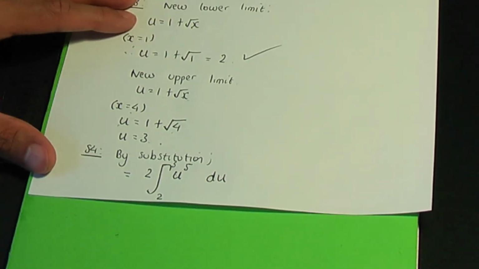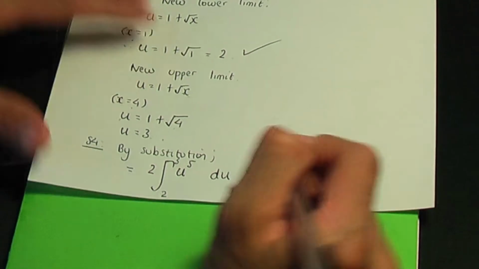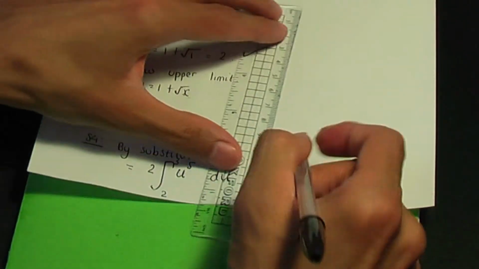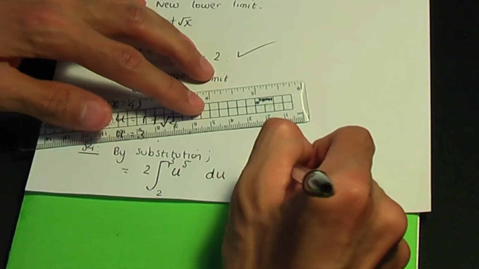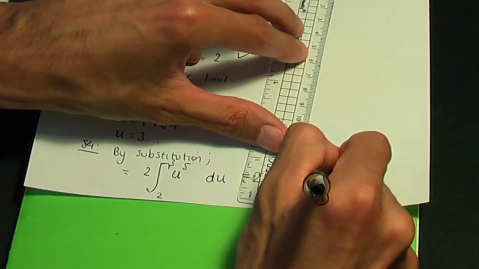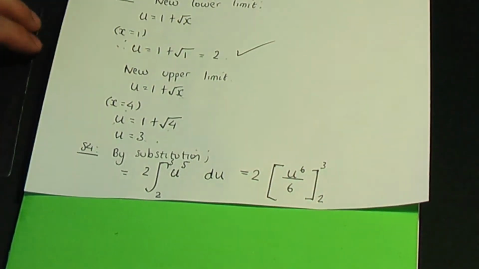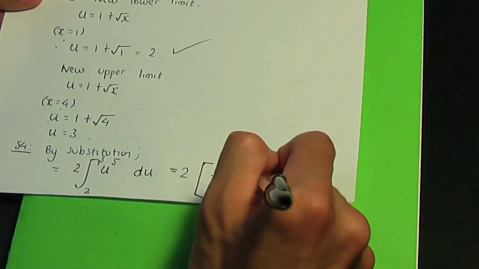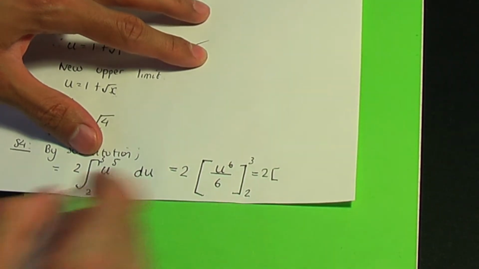Let me continue alongside. When we integrate, I'll have 2, let me keep that outside. Integration of u to the 5 is u to the 6 over 6 using a basic rule, between limits 3 and 2. And if we replace these limits, remember, the upper limit we replace first.